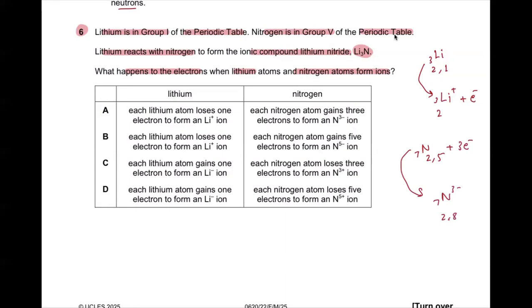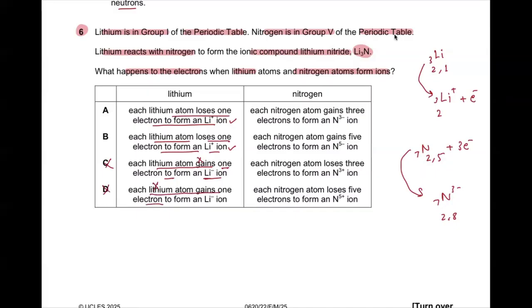So each lithium atom loses 1 electron to form a lithium ion. That is the correct statement. Each lithium atom gains 1 electron to form Li-? No, it doesn't gain.